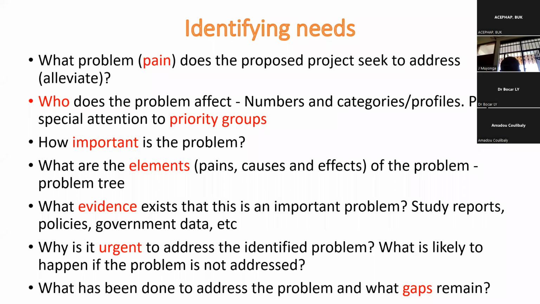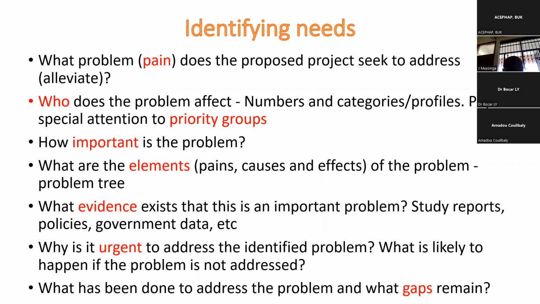It's not enough to sensationalize it, to dramatize what you're looking for, but through looking at the literature, you are able to indicate the urgency. Maybe it has already been indicated in your national development plan that the target is to achieve this by 2024. So it is really urgent as we are running out of time and so on.